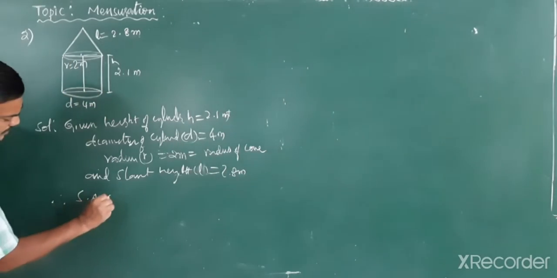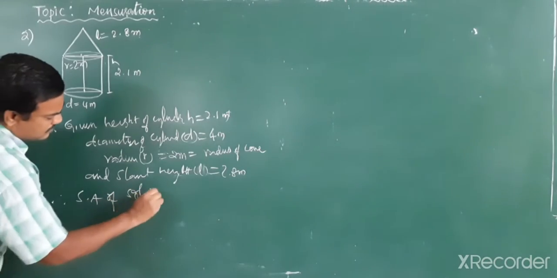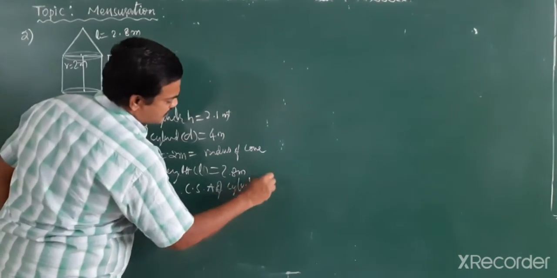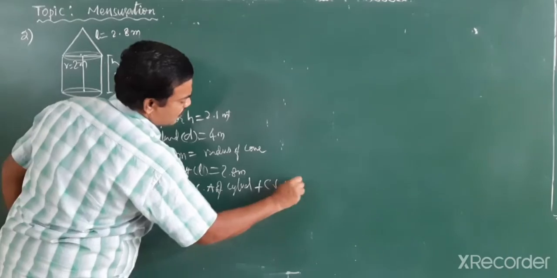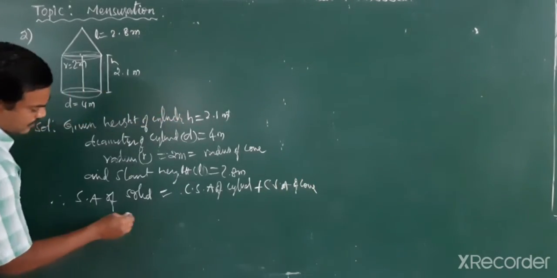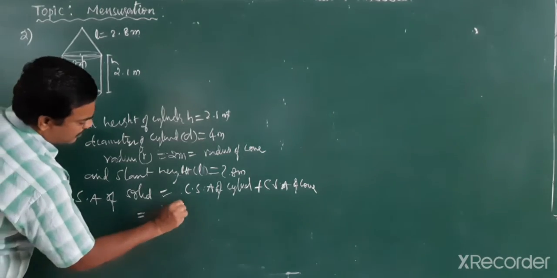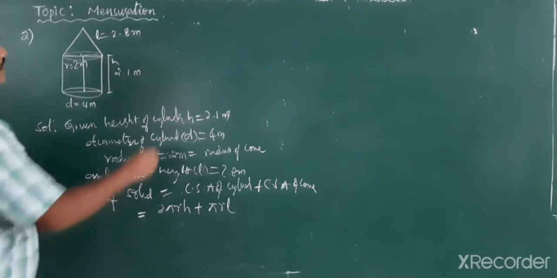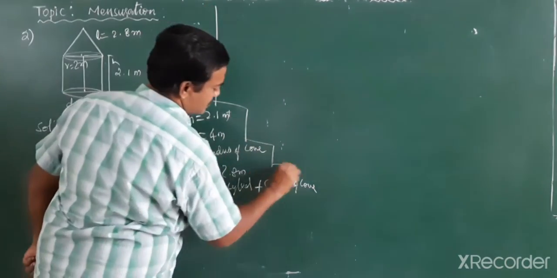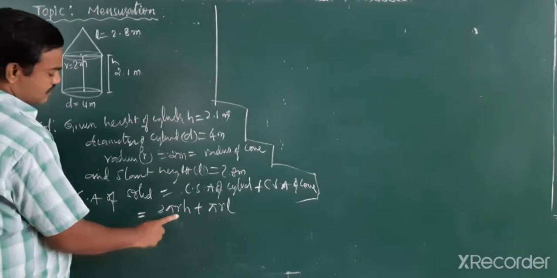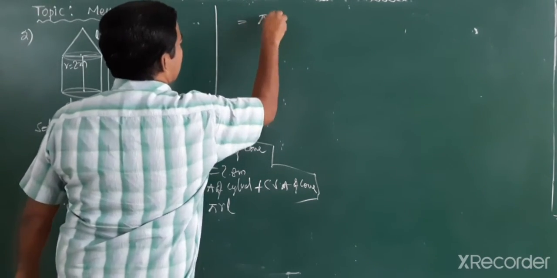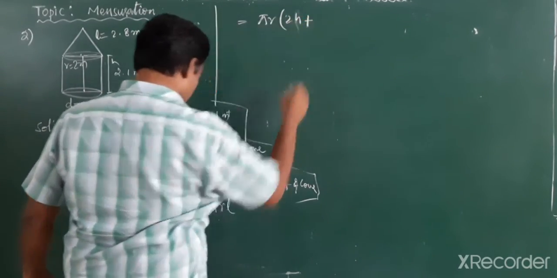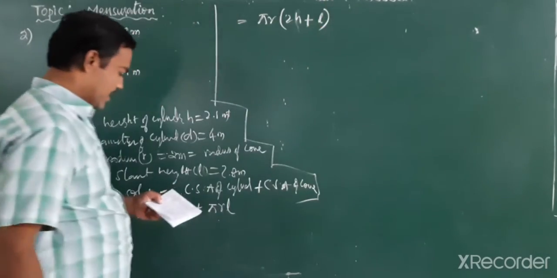Therefore surface area of solid is equal to CSA of cylinder plus CSA of cone. Okay, so CSA of cylinder means 2 pi r h plus pi r l for the cone. Now here r is common, so pi r taken common: pi r times (2h plus l).